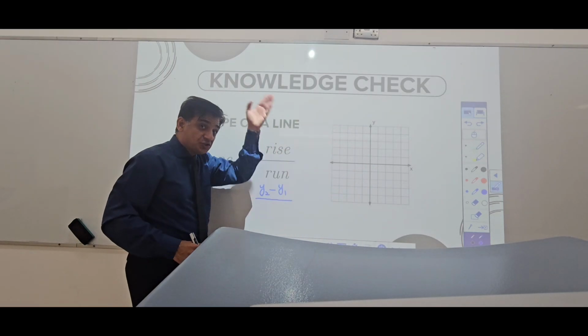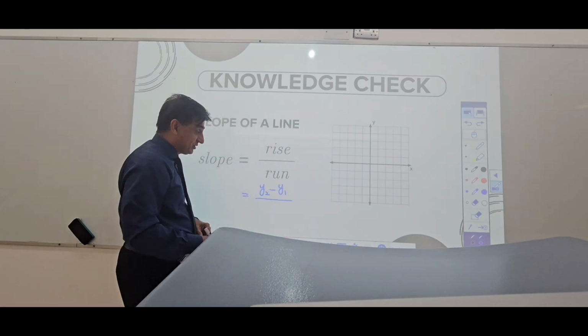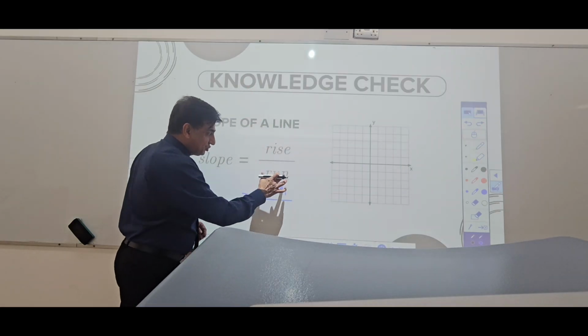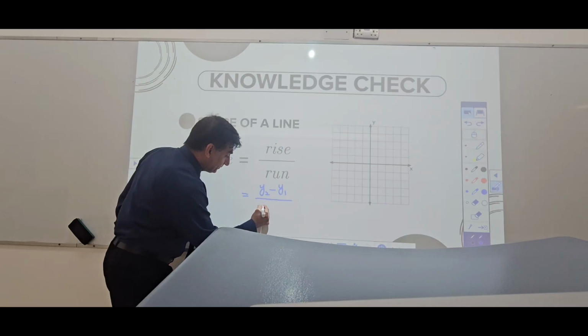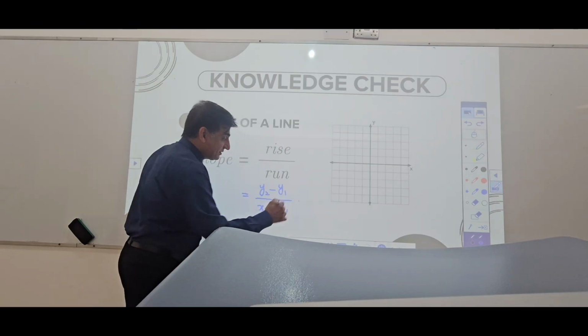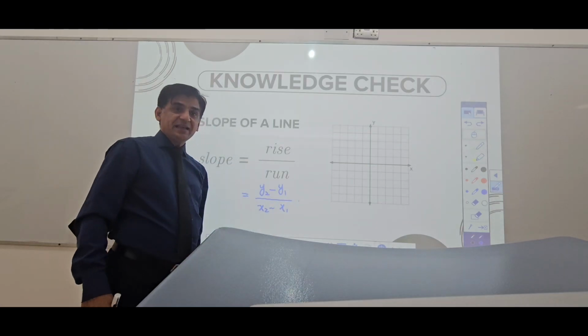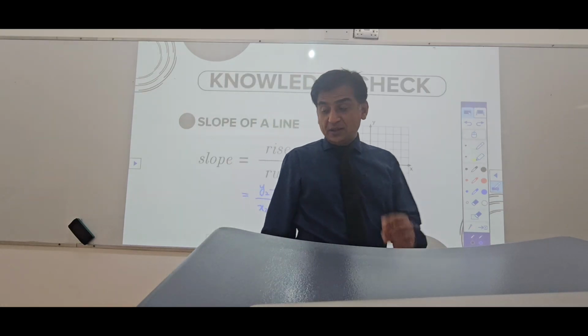It's the rise, the change in the value of y, and the change in the x values is the run. This is basically the formula for the slope.